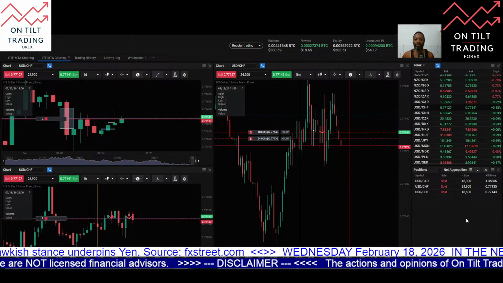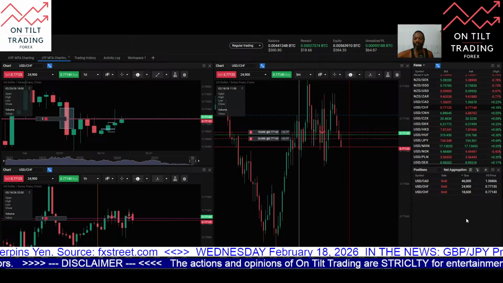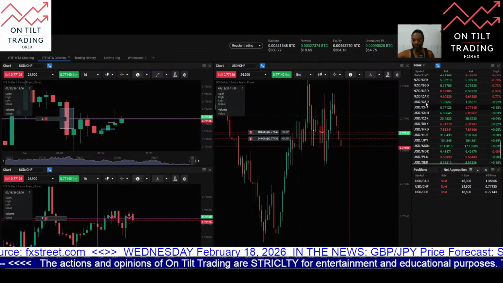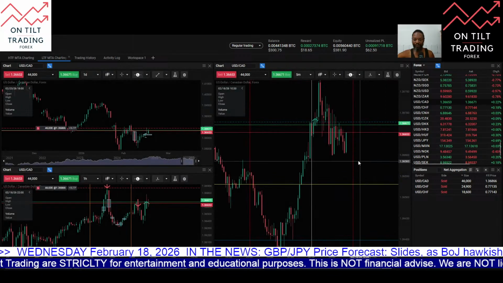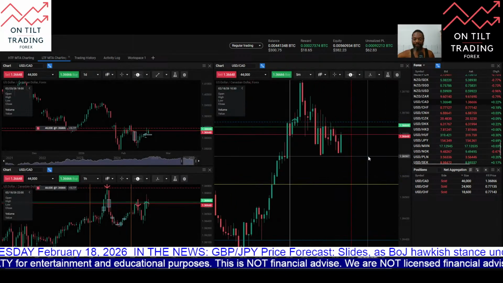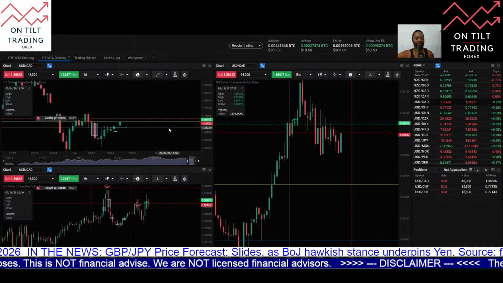Swiss here seems to want to deliver to the sell side, but looking at my P&L here, dollar CAD is having some problems going to the sell side. Seeing some buy side delivery here in dollar CAD.